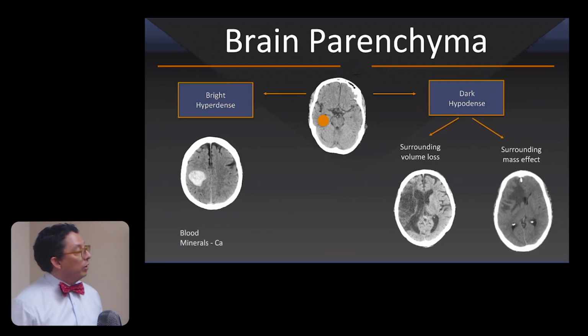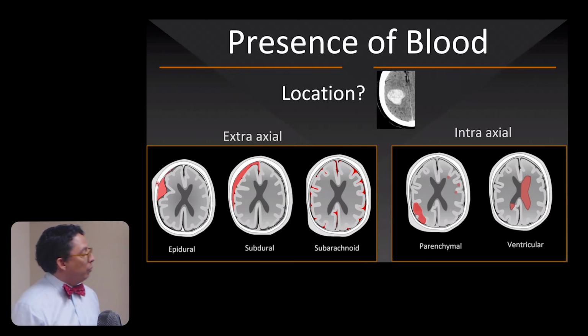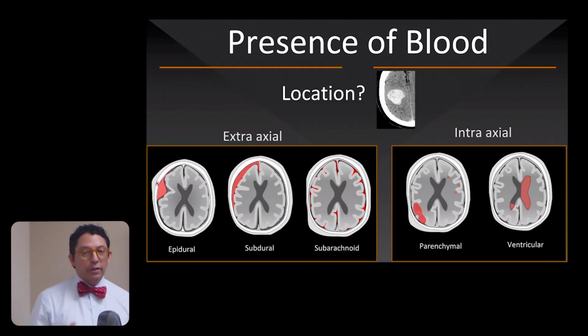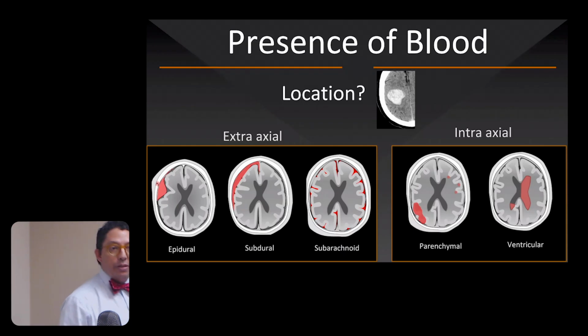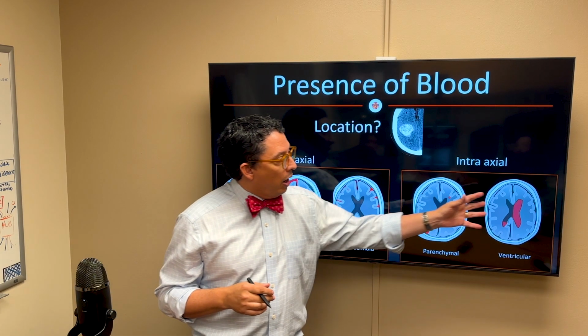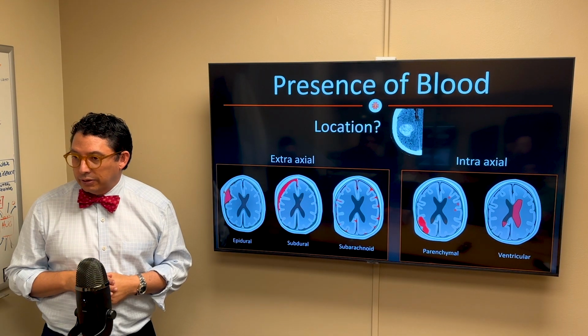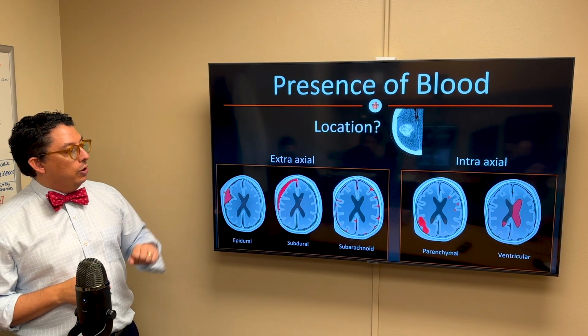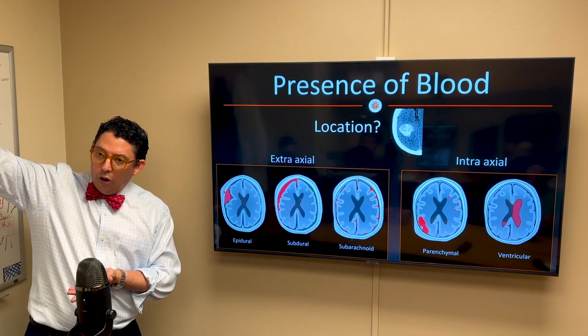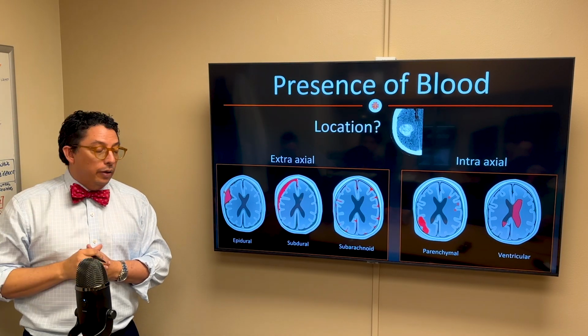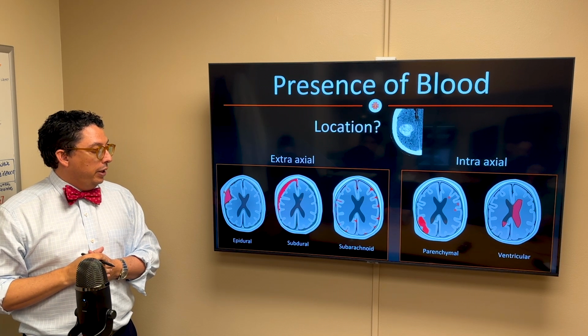Now, let's start with blood. When you have blood, you have 5 options where you can have blood. And this is where anatomy is very important. Blood can accumulate in the extraaxial compartment, outside of the brain axis, or in the intraaxial compartment, inside of the brain axis. If it's extraaxial, you have to remember the layers that you have from the skull all the way to the pia mater.